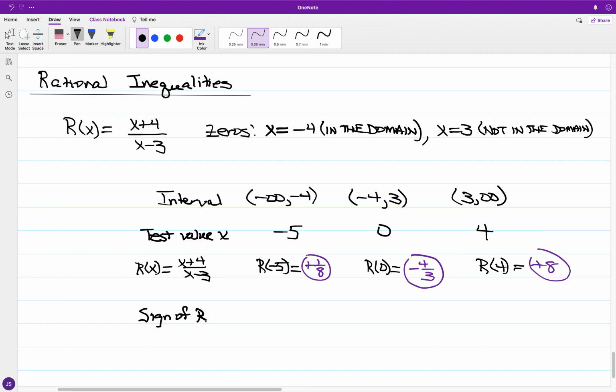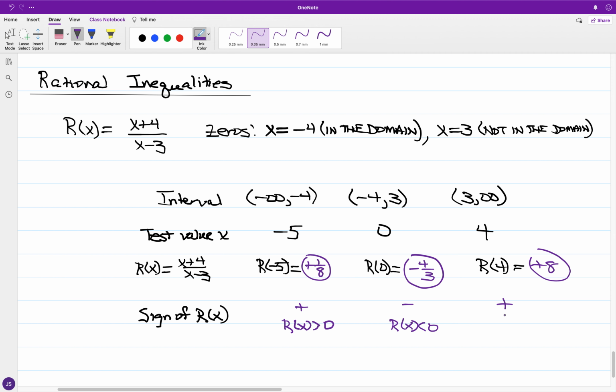And for the sign of r of x, the first section is positive, so r of x is greater than 0. Next, you have r of x less than 0.